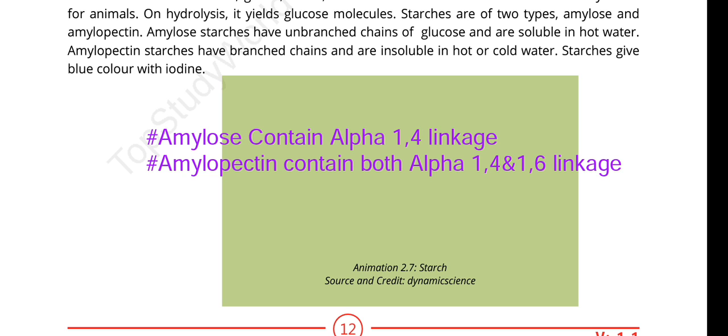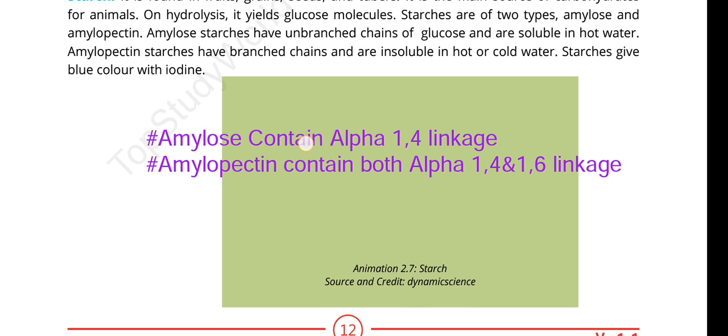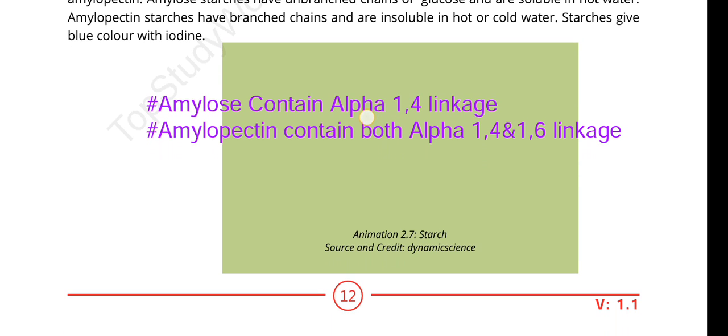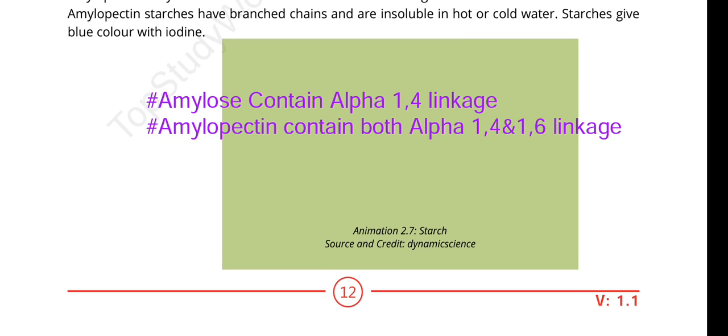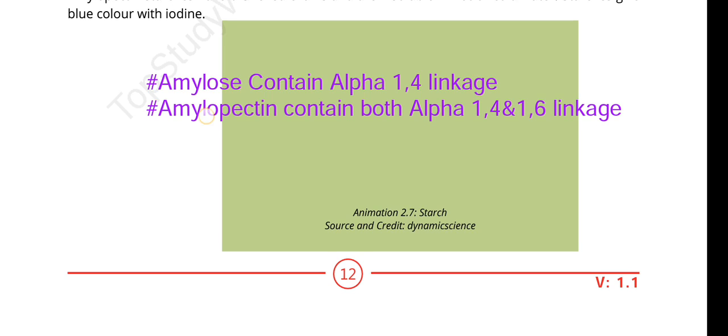If the OH group is present on the top of the specific carbon, that will be alpha, and if the OH is attached to the bottom of the carbon, it is called beta. So amylose contains just the alpha 1,4 linkage, and amylopectin contains both alpha 1,4 and 1,6 types of linkage.